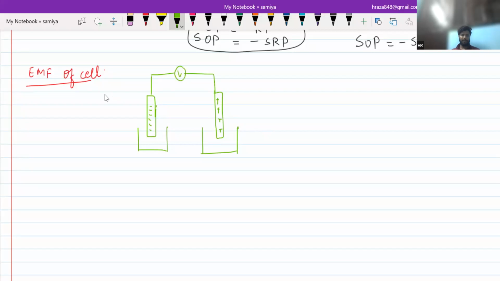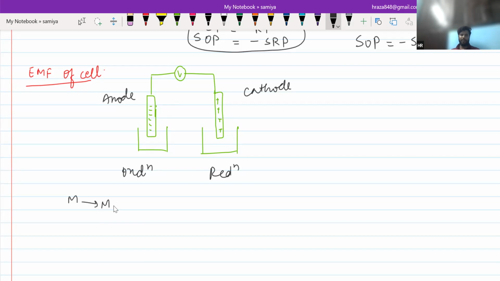Now you know that this is anode, and always remember in this cell, anode is on the left hand side and cathode is on the right hand side, and oxidation takes place at the anode and reduction takes place at the cathode.